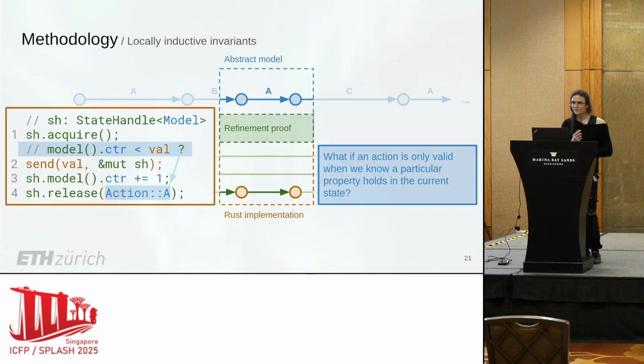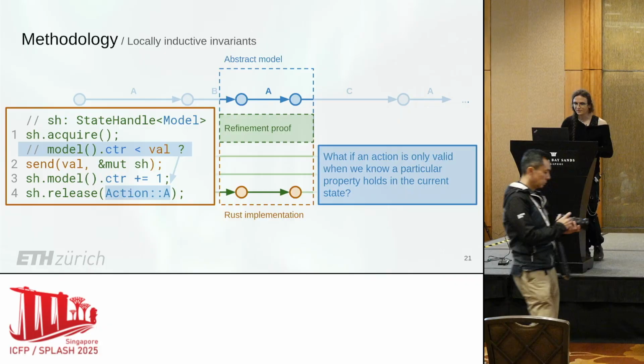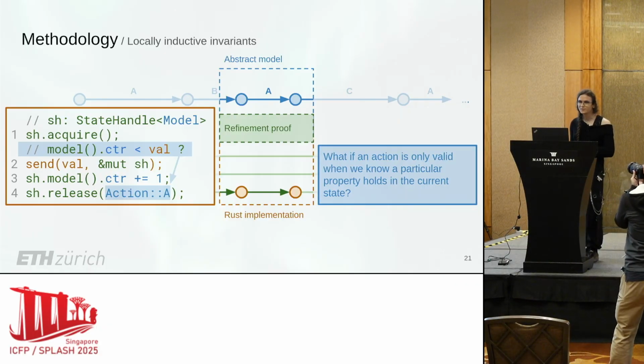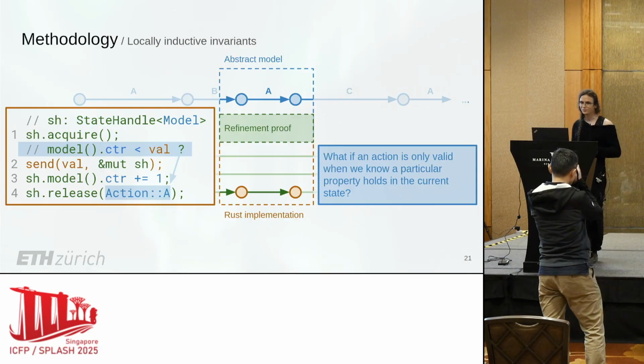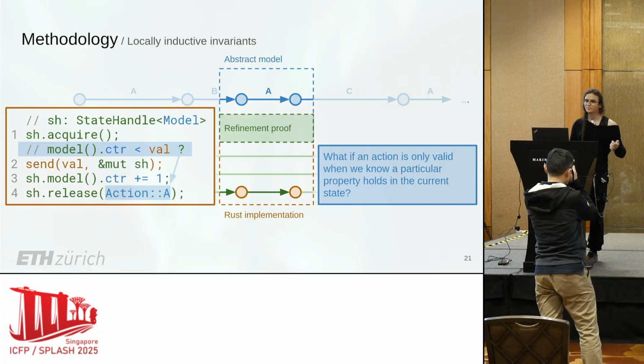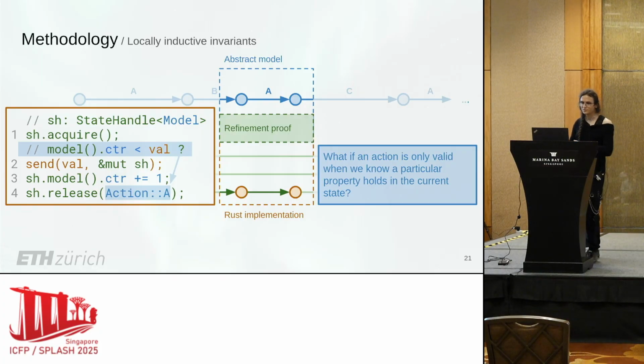Which means that to be a completely modular approach, we must assume that the initial model state at the beginning of the transition block is essentially arbitrary, which is an issue because we sometimes want to perform actions which have preconditions. So we need to know something about the model state at the beginning of the transition block for us to actually take an action.